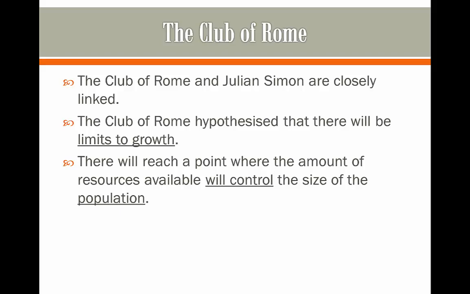Unlike Malthus and Boserup, who predicted that the population is going to grow exponentially without any other factor influencing it, the Club of Rome said that it's the resources which are going to limit our growth as a species, which makes sense because if we don't have the resources to sustain ourselves, how are we going to give more resources to children? So the birth rate is going to be limited by the amount of resources we have. And they're also going to affect the death rate, because if people don't have the right resources to survive, then people will die off.